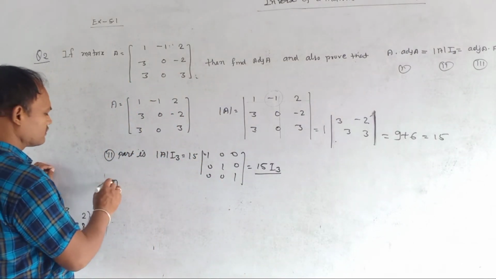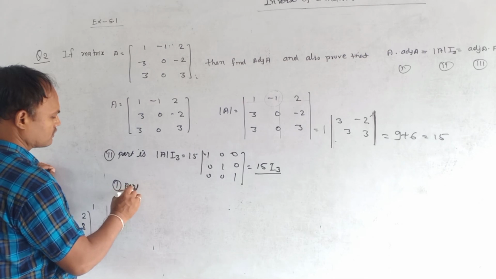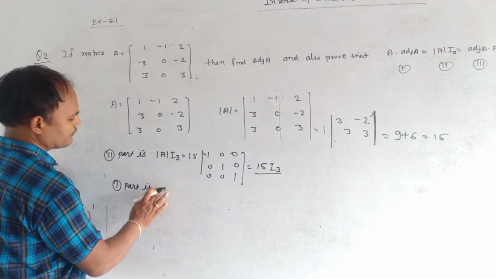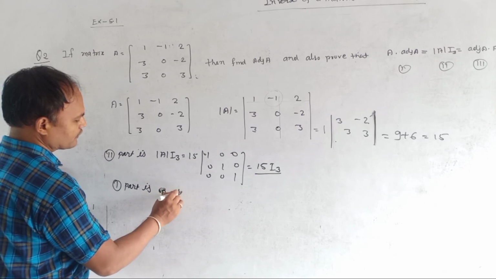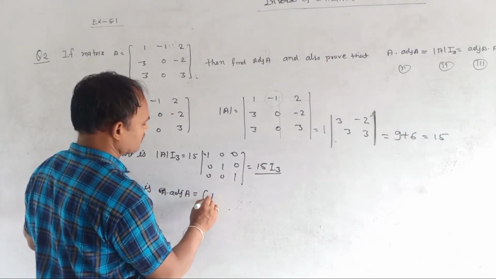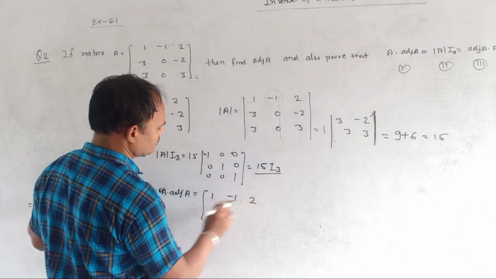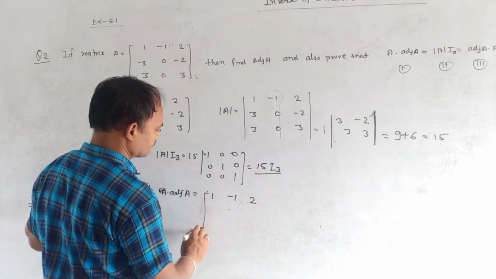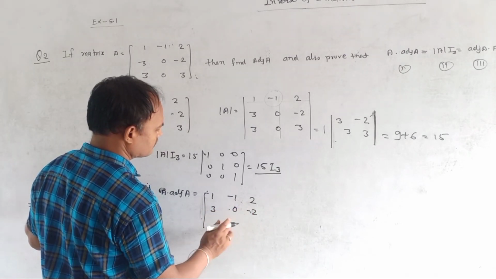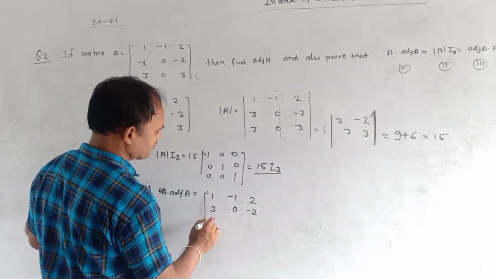Now the first part is adjoint of A into adjoint of A, where A means 1 minus 1 2, 3 0 minus 2, and 3 0 3.